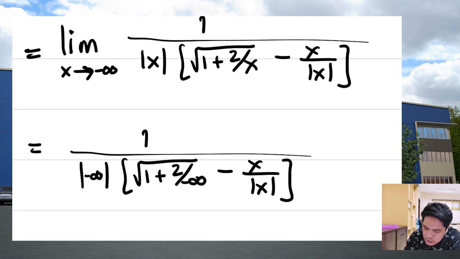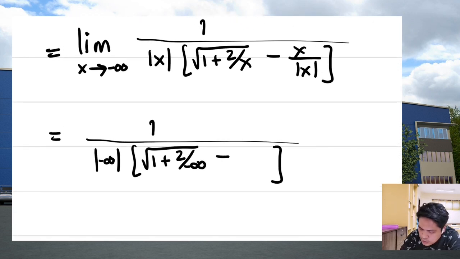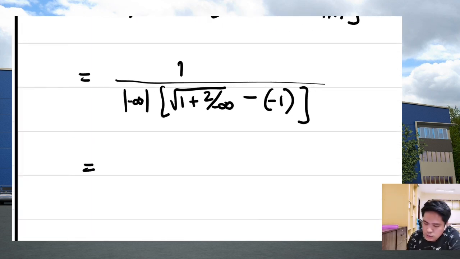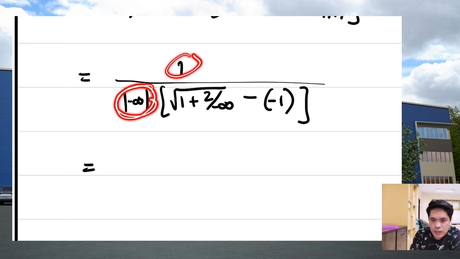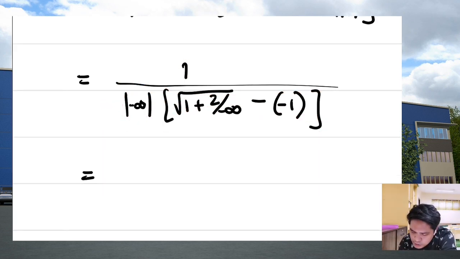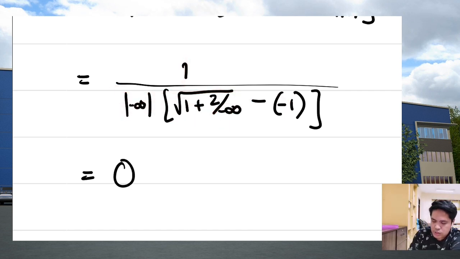And remember na since signum to siya, this is negative 1, right? That is negative 1. Okay? Actually, obvious na because 1 divided by infinity or negative infinity, this is 0, right? So this is 0 over whatever is this value here. But in this case, magiging 0 to siya, diba? So that would be square root of 1. So square root of 1 is 1 plus 1 is 2. So 2 times infinity is still infinity and 1 over infinity is 0. So our answer is 0.